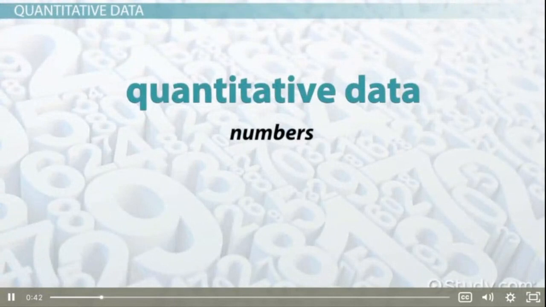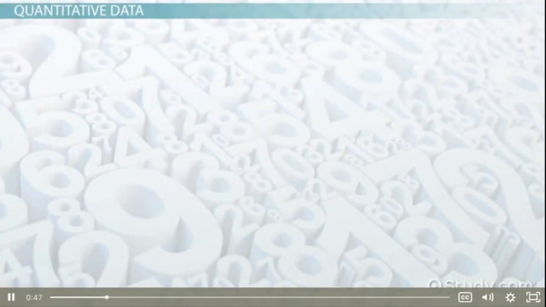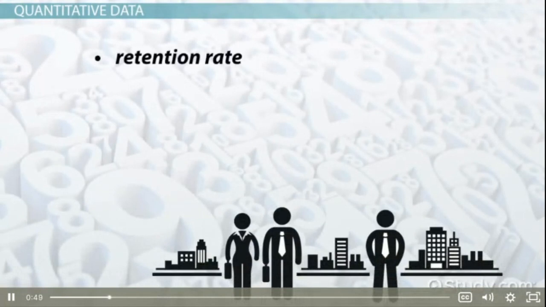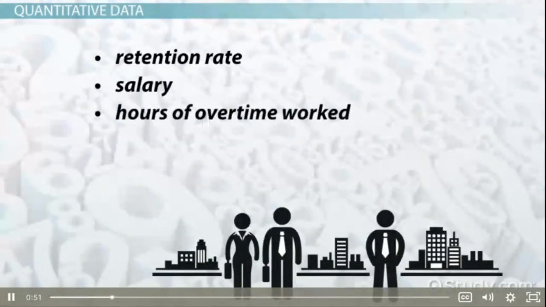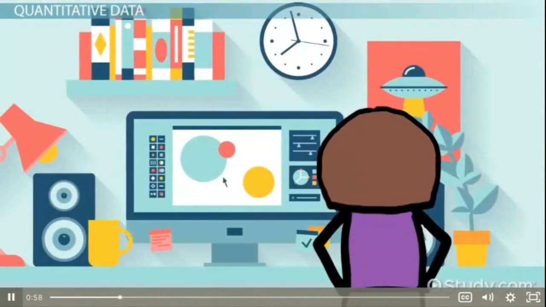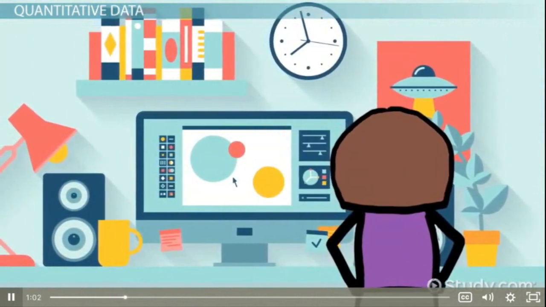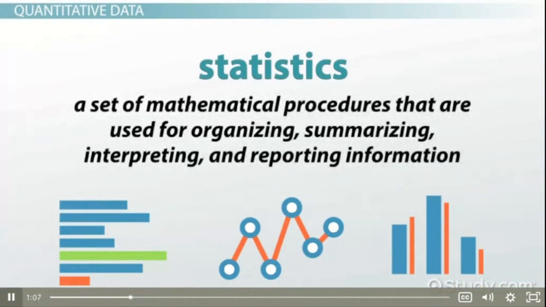Quantitative data are numbers, and they can be measured to produce quantitative statistics. HR examples of quantitative data are the retention rate, salary, hours of overtime worked, number of professional development hours taken, and age. Many of these numbers are easily collected in workforce analytics software and can be analyzed with statistics. The term statistics refers to a set of mathematical procedures that are used for organizing, summarizing, interpreting, and reporting information.